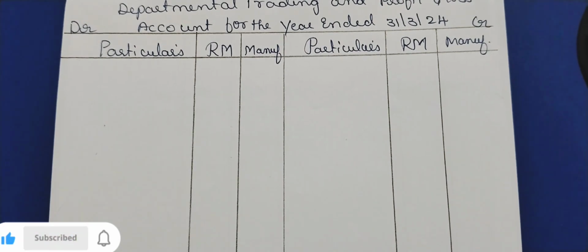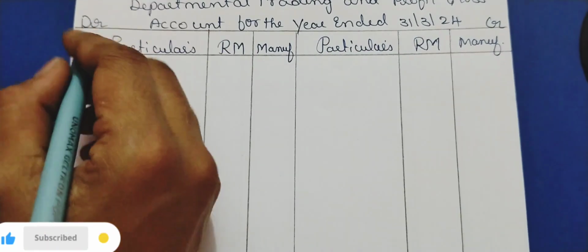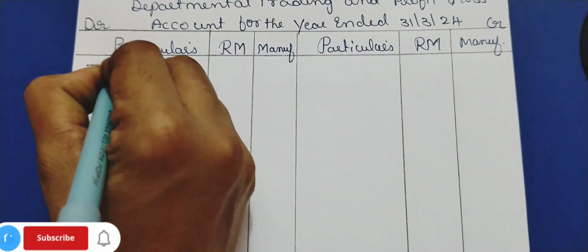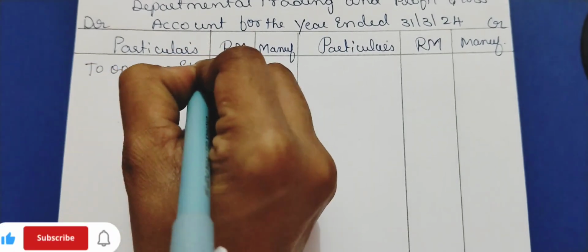So here first we need to debit the opening stock, right? To opening stock. Opening stock means the remaining stock.